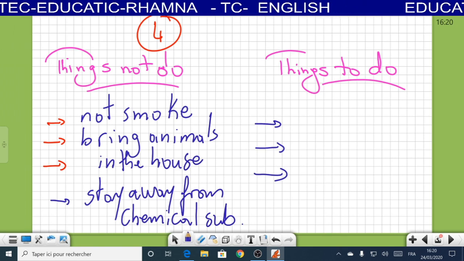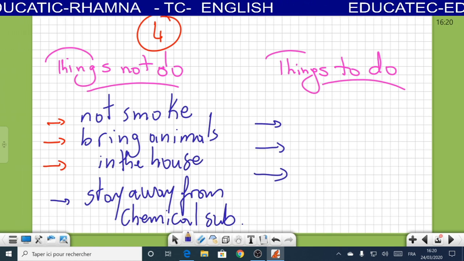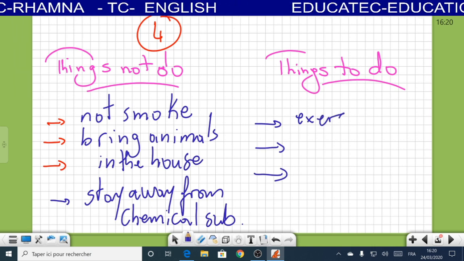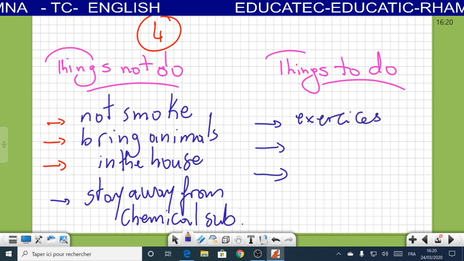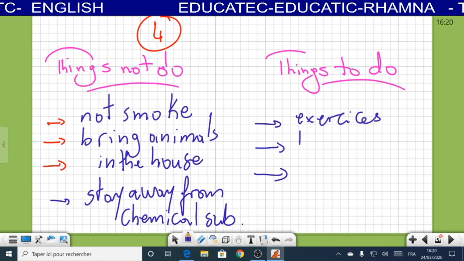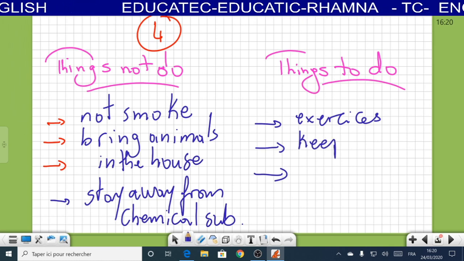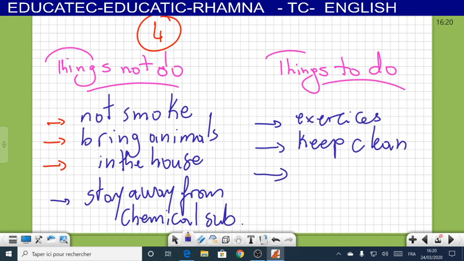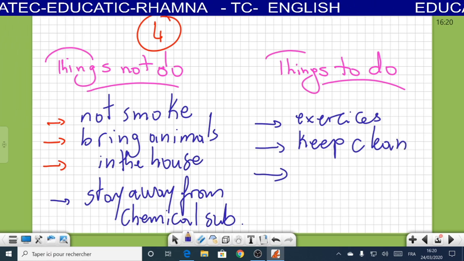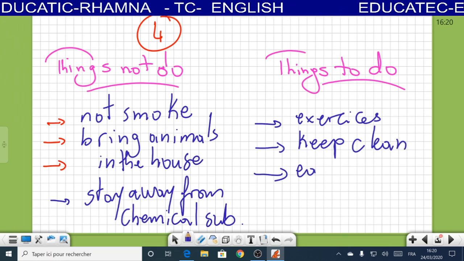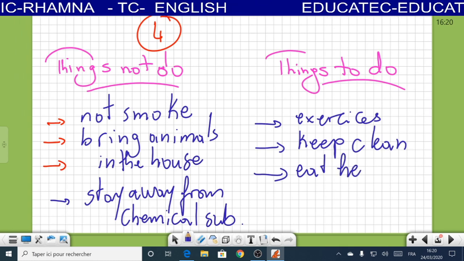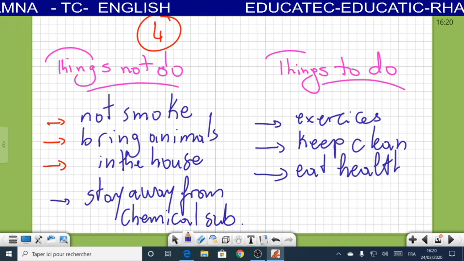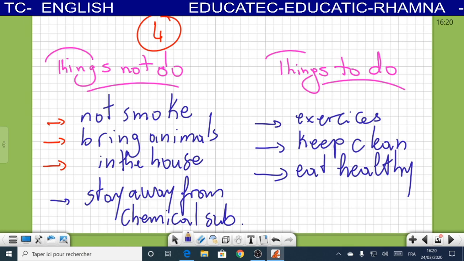And things to do here is what? Do exercises or sports in general. And we should keep clean. We take showers and keep clean, and then we should eat healthy.